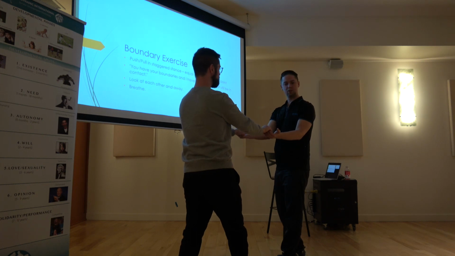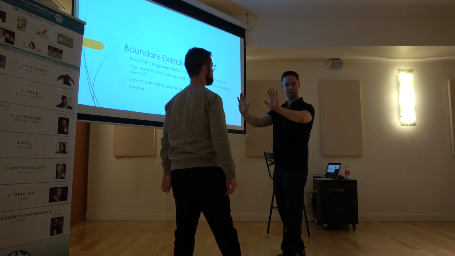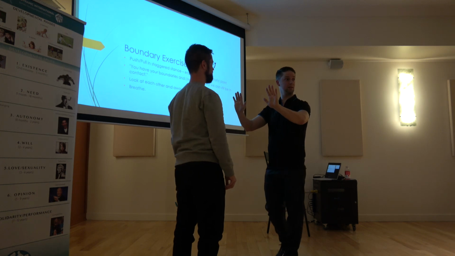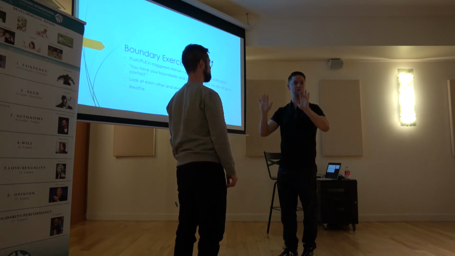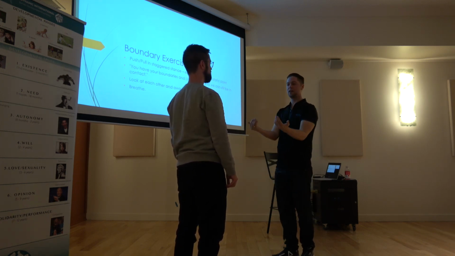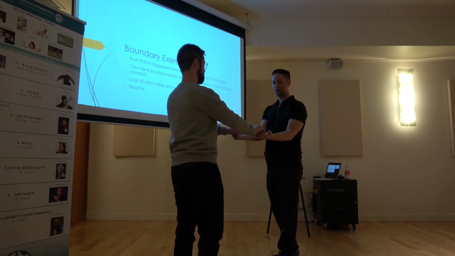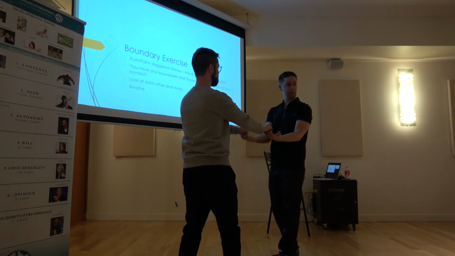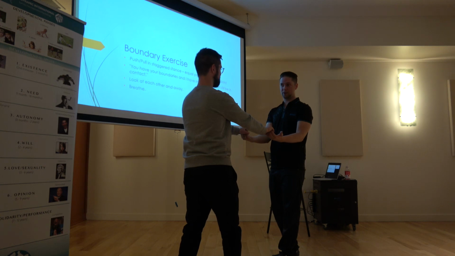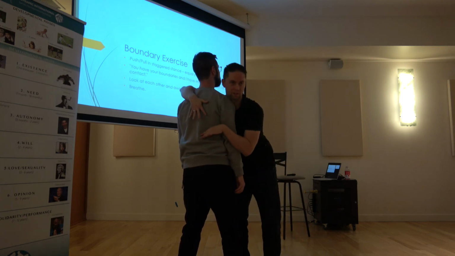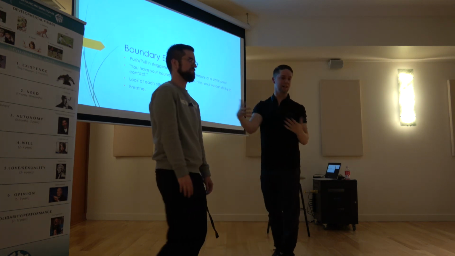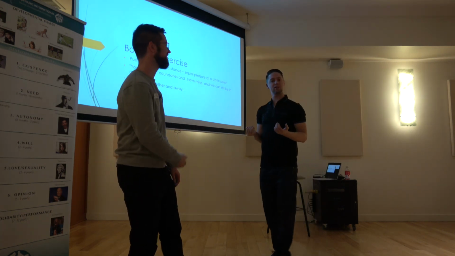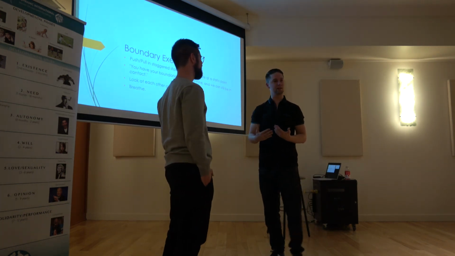And so the first one is pushing away and still maintaining contact. I can have my boundaries and I can still be in contact. The second one, pulling in, is I can take contact in and still have my boundaries. It's not like I'm merging with Anthony here and losing myself in the connection. So it's the ability to take contact in, yet still maintain the boundary.